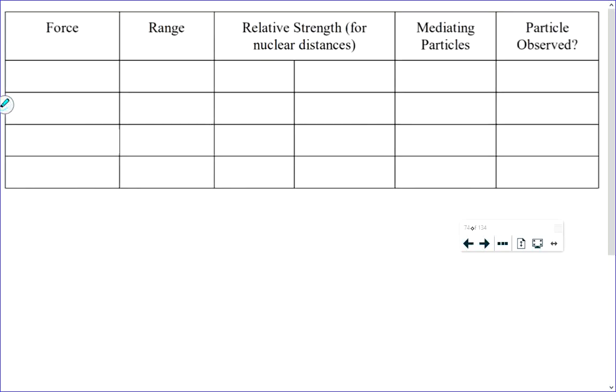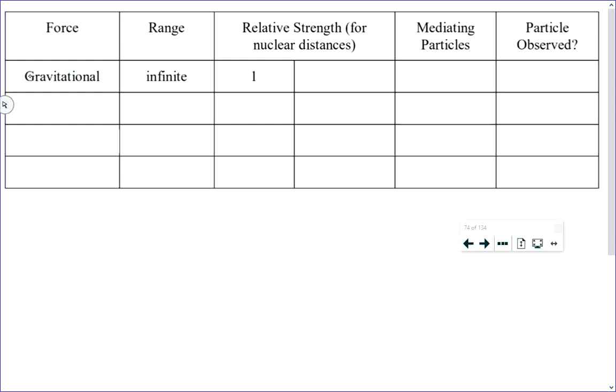So here are all of the forces, and this is in your handout. You don't have to write anything down unless you want to. We know that the weakest of the forces is the gravitational, and the relative strength at nuclear distance, if we assign it 1, everything is bigger. What's the range? This is something you need to know, and you might remember from our previous discussion on fundamental forces.